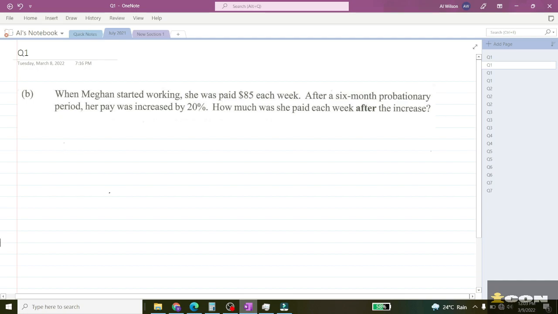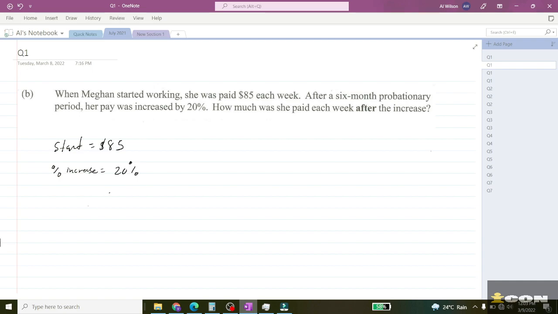So her start was $85, and then we know that her percent increase is 20%. So taking this apart, what we'll actually be doing is unpacking all of this information. Then we'll be able to actually solve for what her new payment per week is.